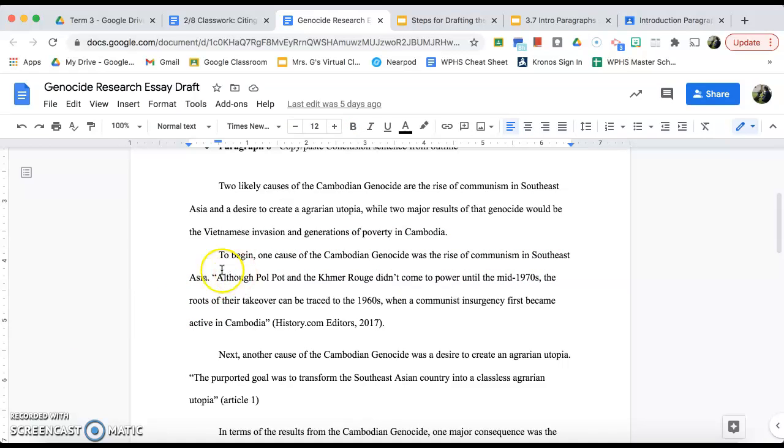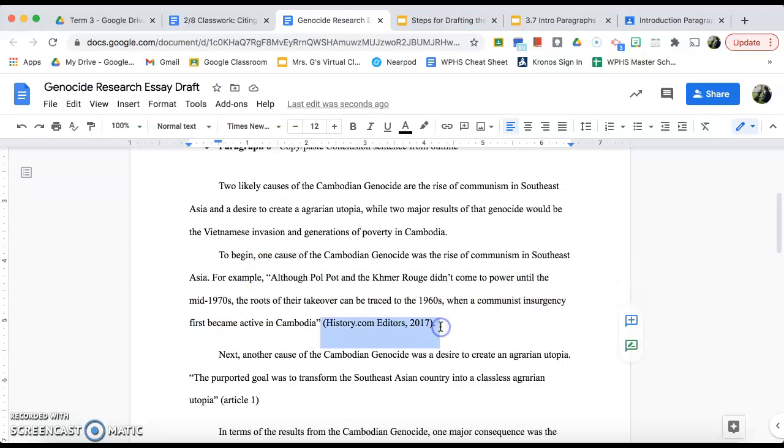Okay, so before the quotation marks, this is where you're going to add your introduction for your evidence. So I could say, for example, comma, okay, and then I have my quote, and I already had my citation from my outline there.